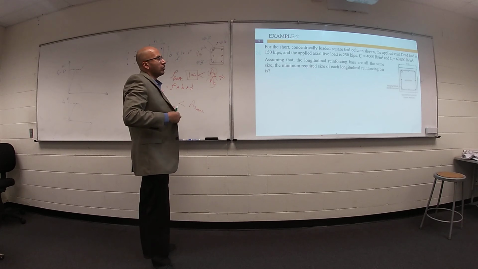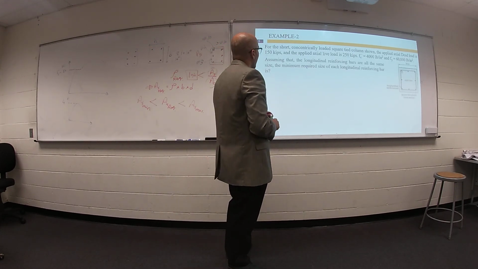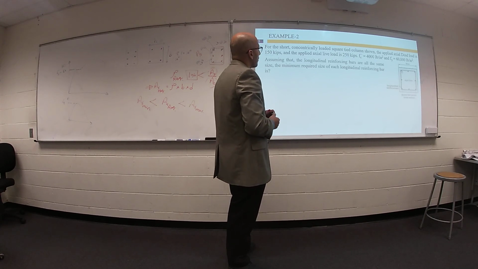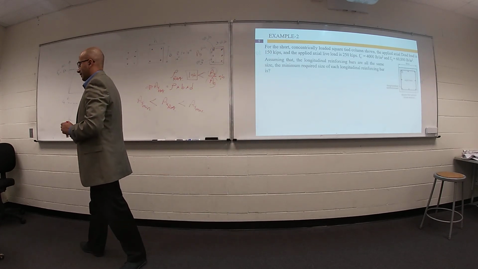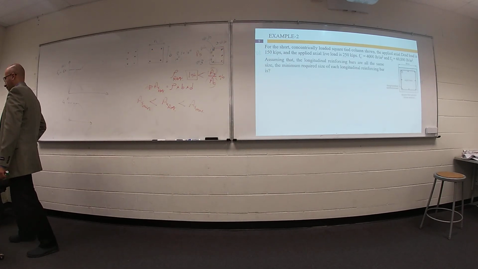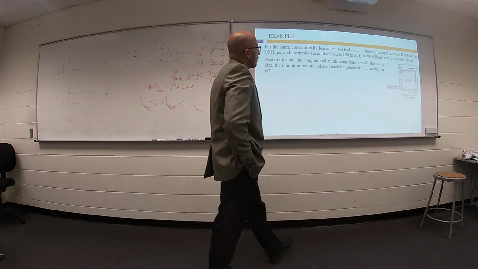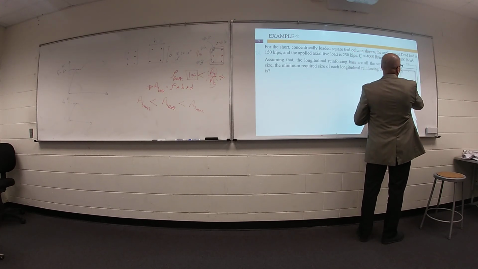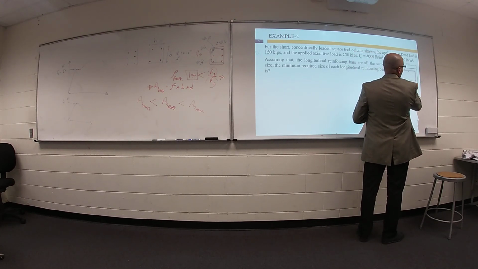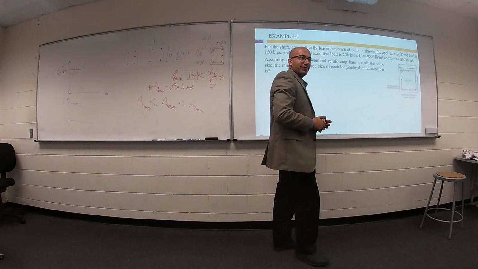Assuming that the longitudinal reinforcing bars are all the same size, what is the minimum required size of each longitudinal reinforcing bar? How many bars do you have? 8 bars. What is the size of each bar? We need to figure it out.